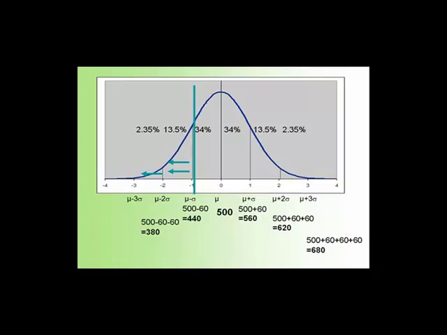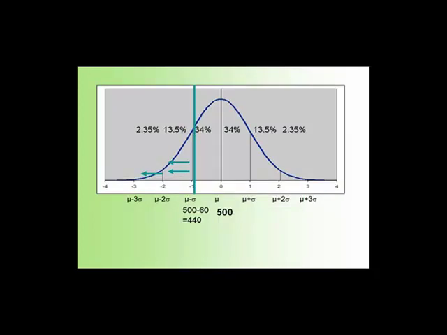Mu minus 2 sigmas, 500 minus 60 again, is 380. And the lower 3 sigma limit, 500 minus 60 minus 60 again, is 320. Now what percent meets the criteria of being less than 440?